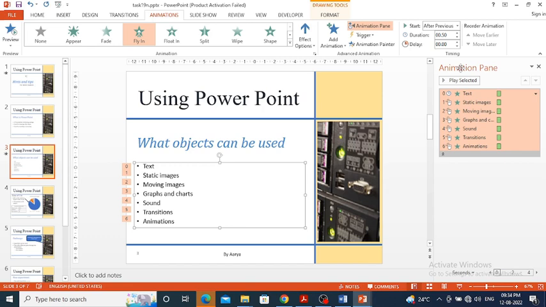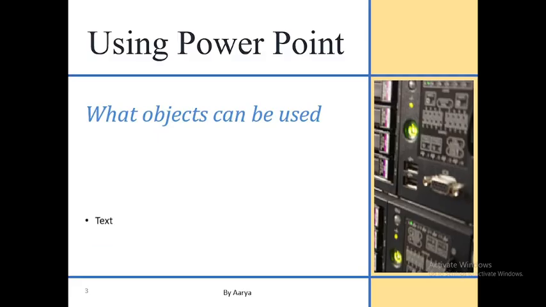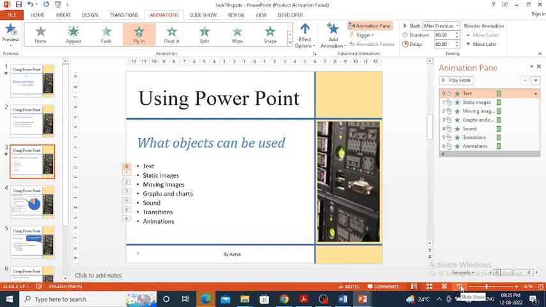Suppose this effect is given and I want to add duration for it, but all these are selected with the click options. So when I check this, here I have to click, here I have to click, here I have to click. Now this click effect I don't want to apply.